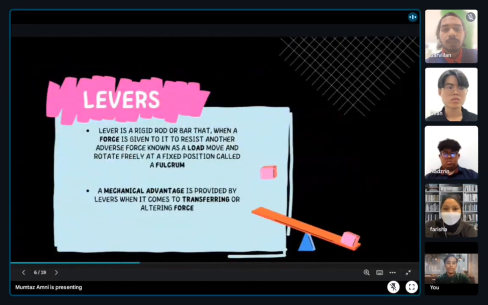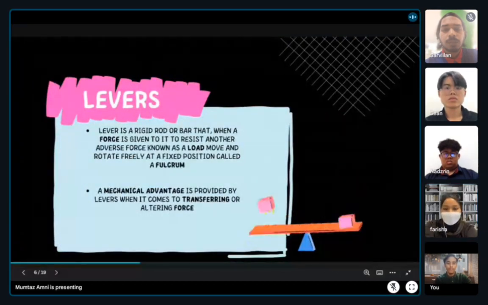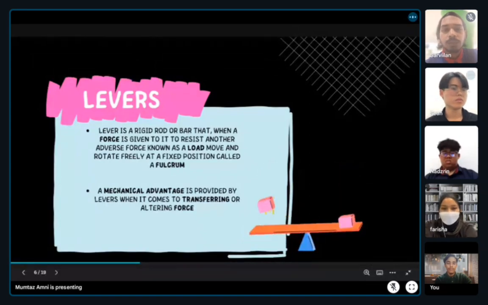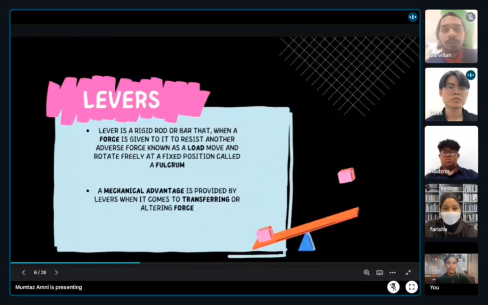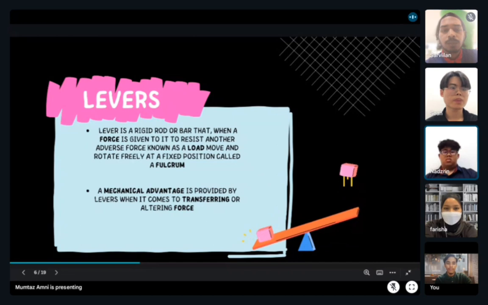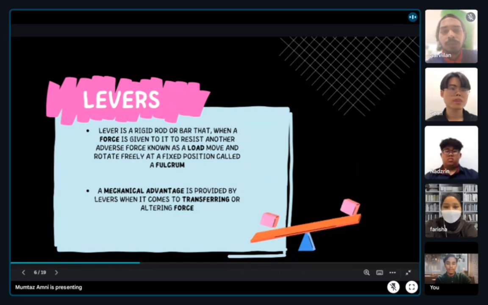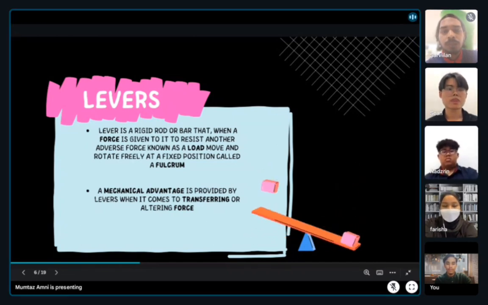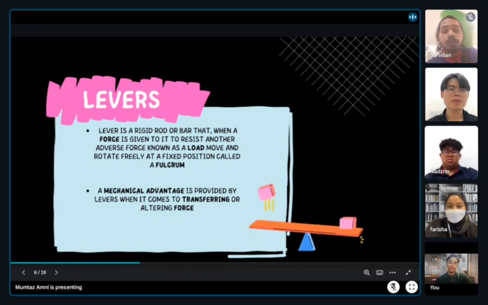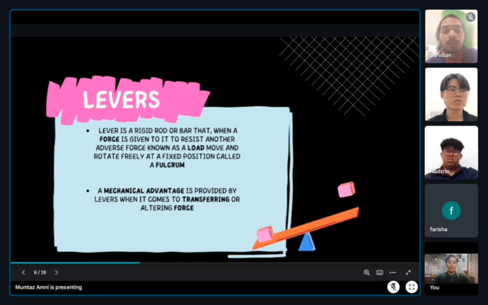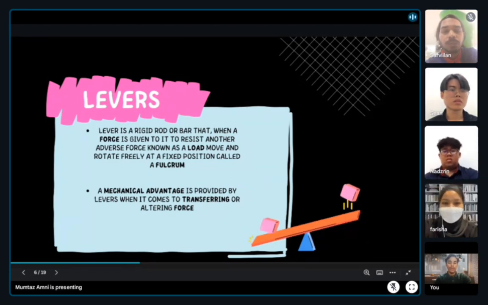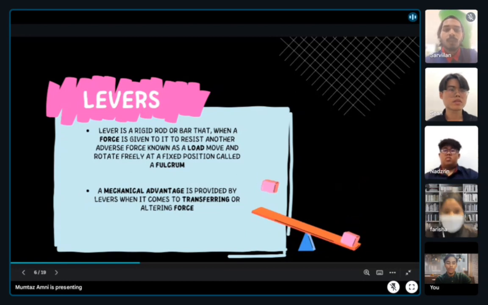Okay, so my part is about the six simple machines. First is levers. A lever is a rigid rod or bar where force is given to it to resist another force known as the load, and it moves and rotates freely at a fixed position called the fulcrum.